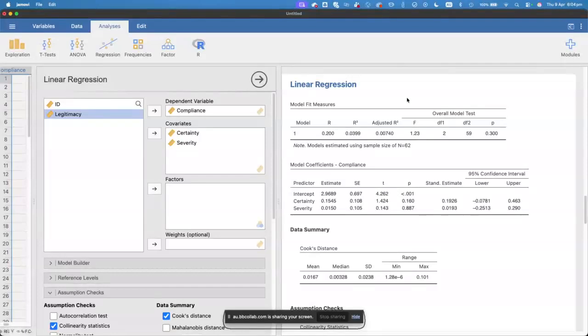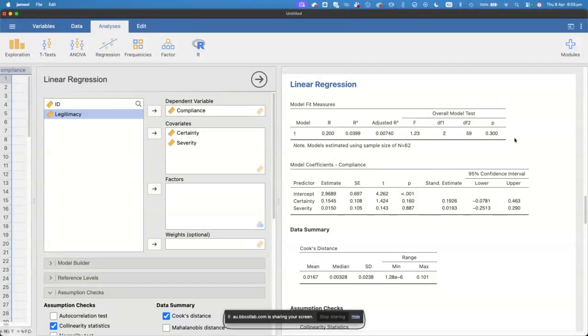Well, this overall model test is an ANOVA that compares our model to the mean of the dependent variable, here the mean of compliance. So it has our data, and it fits the mean through that data and says, does our model fit the data better than the mean? And what we find is the p-value is 0.3, so it's greater than 0.05.